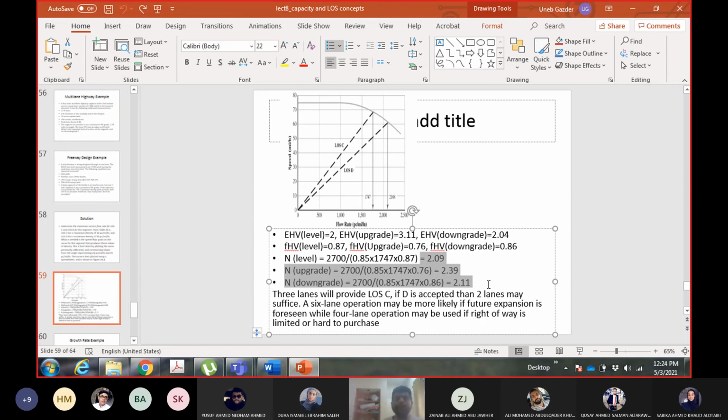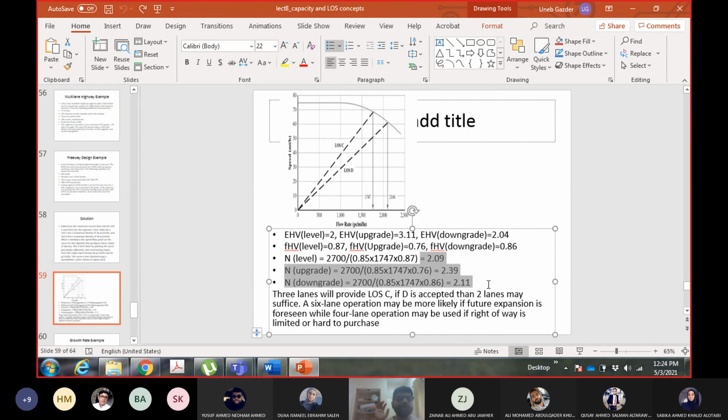If you are looking for future expansion, then you should not go for 4 lanes in any case. Even if it is acceptable now, in future it will not be acceptable. Even if a 4-lane highway, meaning 2 lanes in each direction, is enough for now, it will not be enough for future expansion.